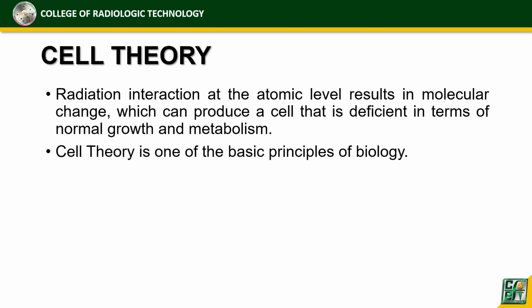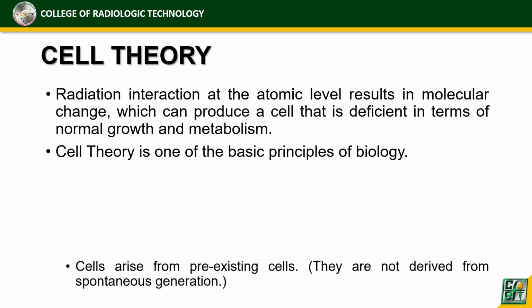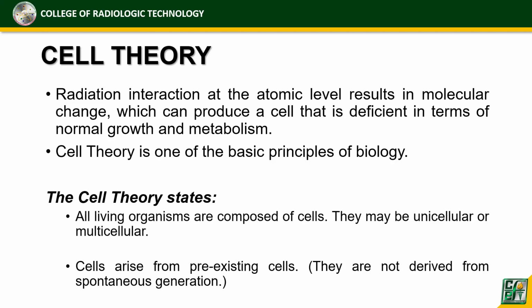So when radiation interacts with the human body, with the atoms, and of course the cell, it can provide mutation, either mutation, cell death, or cell injury. Okay? So the cell theory is one of the basic principles of biology.